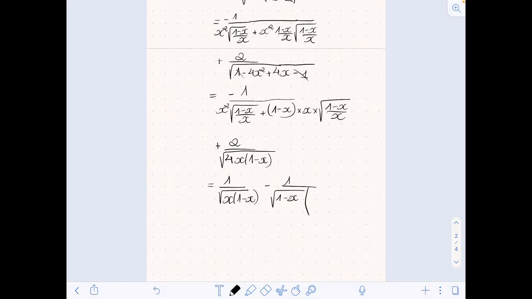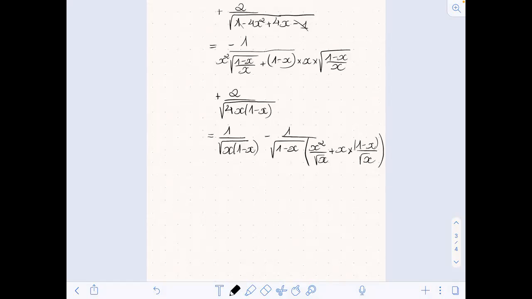You get x squared divided by square root of x plus this. Now hopefully that should simplify to square root of x somehow, which it should do.